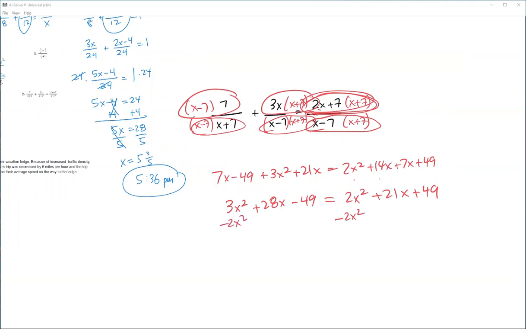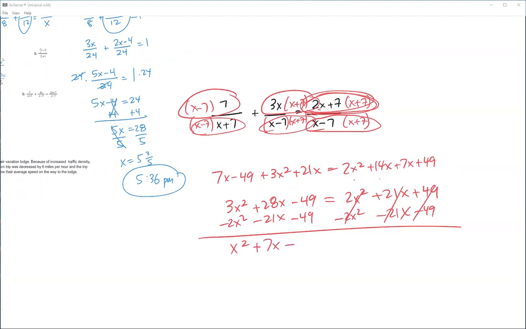Let's move everything to the left because I want to keep the x squared positive. Subtract the 21x and then subtract the 49. Cancel, cancel, cancel. So this is x squared plus 7x minus 98 is equal to 0.